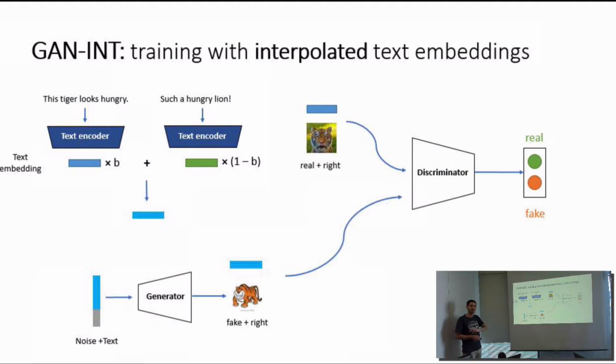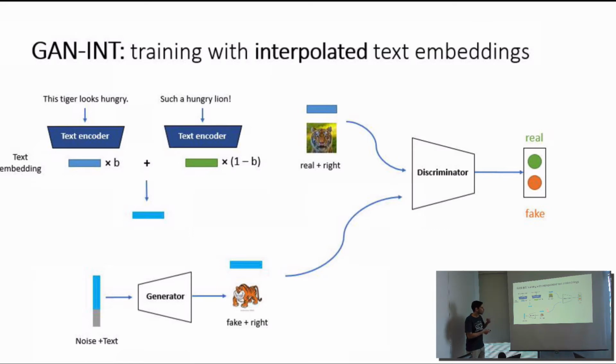Actually, they say it can be completely different from this one, and according to them, it doesn't lead to any issue, but I think it is arguable. So the idea is that they combine these two embeddings, and then they input it to the generator to synthesize the image that corresponds to this embedding. Now, this embedding might not correspond to any text in the corpus. It may be some variant that we never observe.